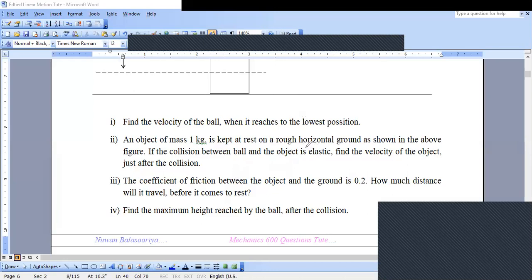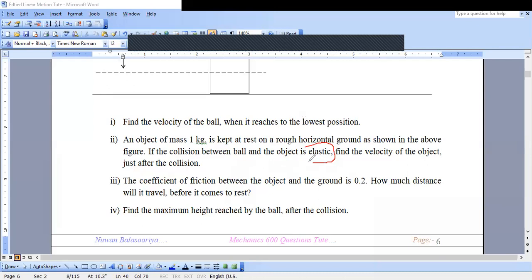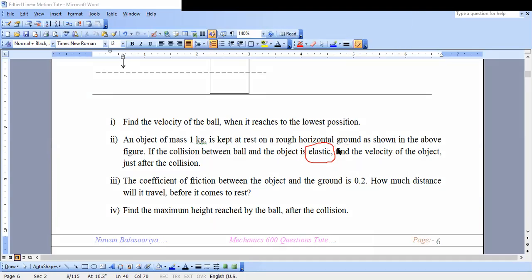If it is given that a collision is elastic, its meaning is no waste in kinetic energy. It means kinetic energy before the collision and kinetic energy after the collision will be the same. That's the meaning of elastic.